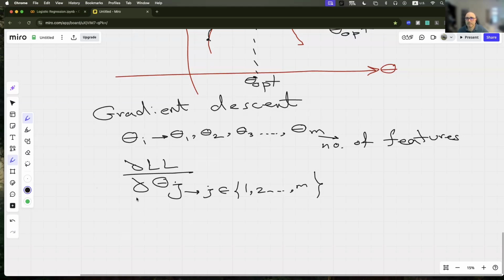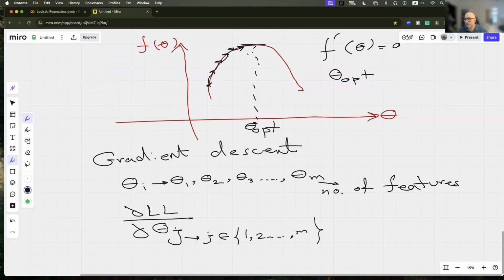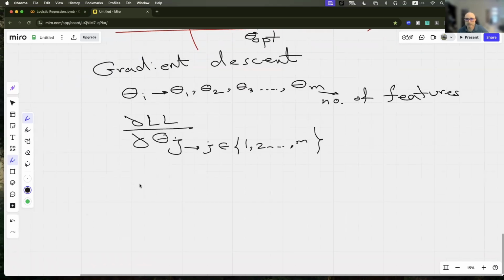So this is basically the starting point. They take the derivative for each theta, and they keep iterating.